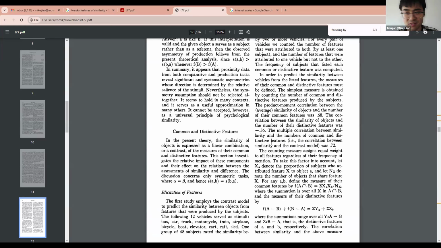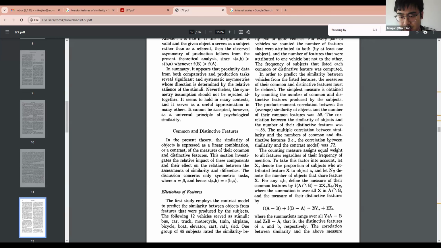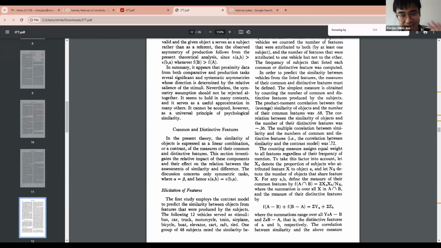We have common features, we have distinctive features of A, we have distinctive features of B, and so on and so forth. So based on that model, we should be able to make a prediction about similarity by simply looking at how many features the participant can come up with, both in terms of common features and in terms of distinctive features. And it seems, based on the correlations, it sort of can be done.